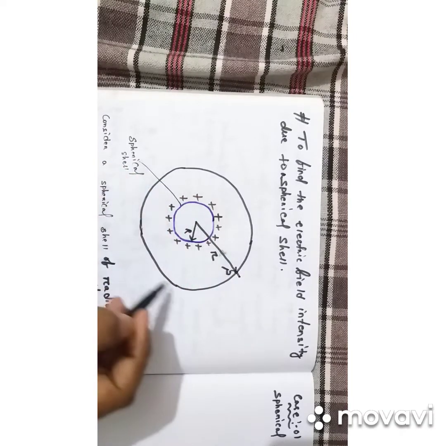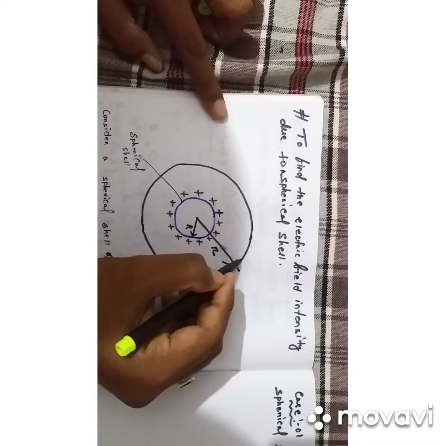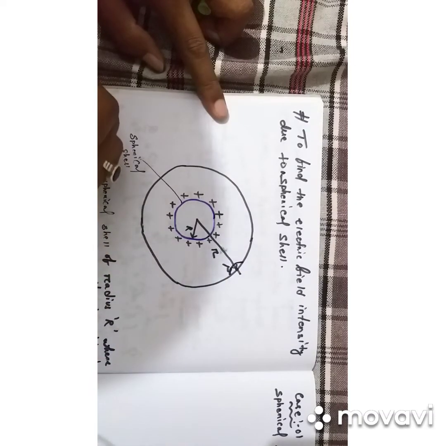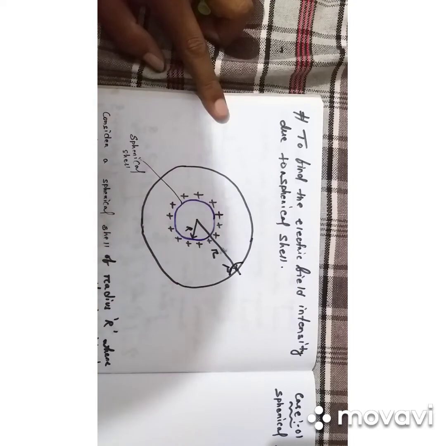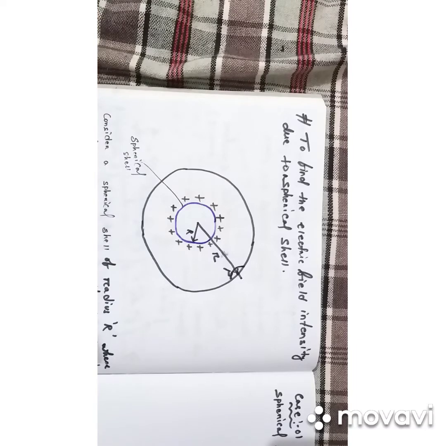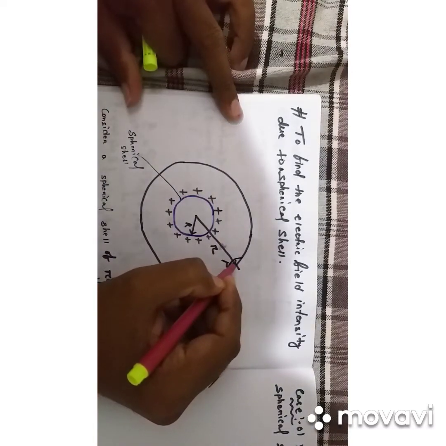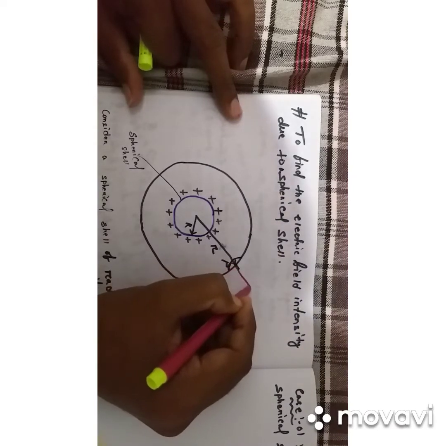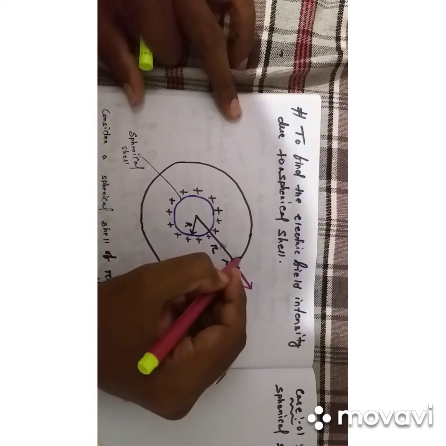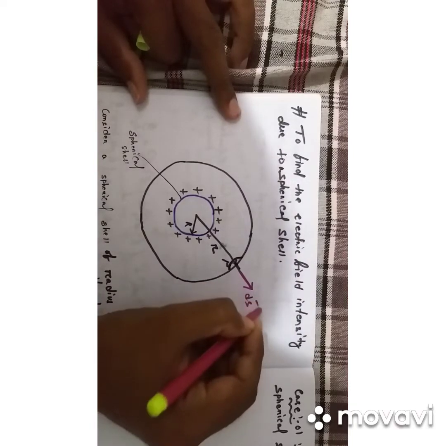So this is the Gaussian surface. Now on that Gaussian surface we assume a small surface. The area vector is perpendicular to that small surface. It is represented as the ds vector.